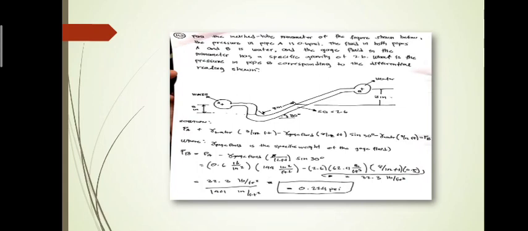PB equals PA minus gamma gauge fluid times 8 over 12 feet times sine 30 degrees.